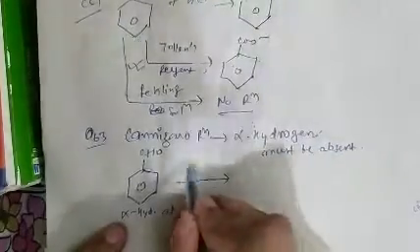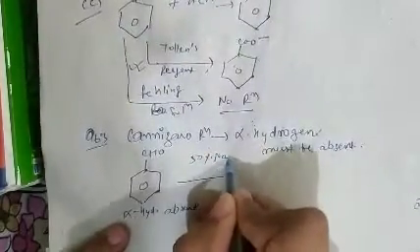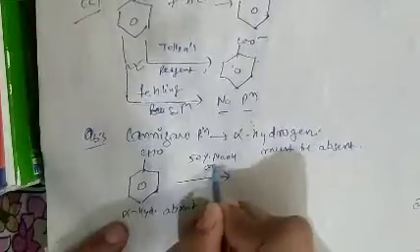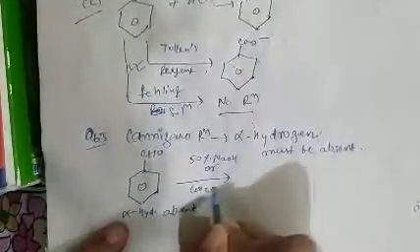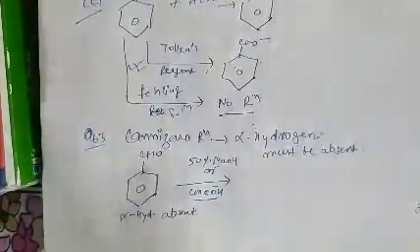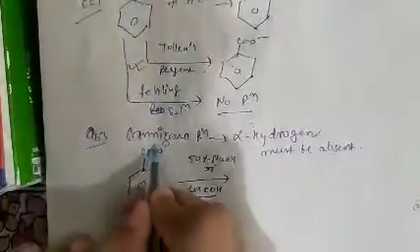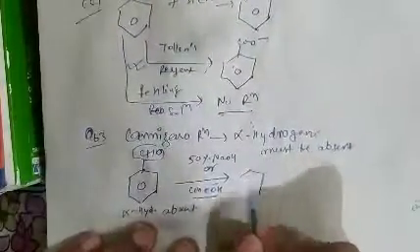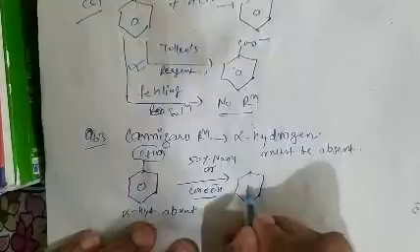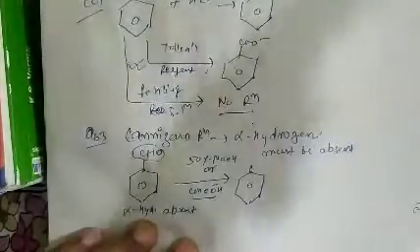On reaction with 50% concentrated NaOH, this carbon of benzaldehyde will change into alcohol. So one product is benzyl alcohol, that is C6H5CH2OH.